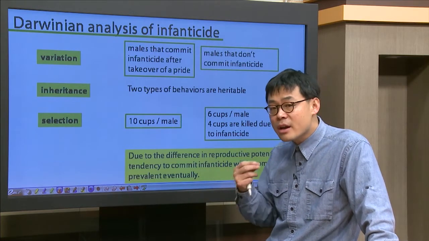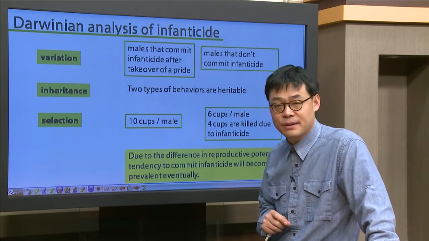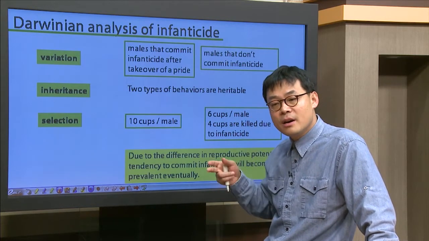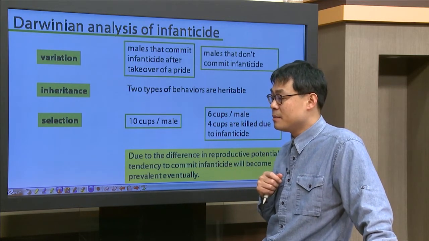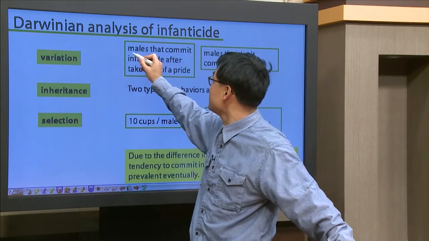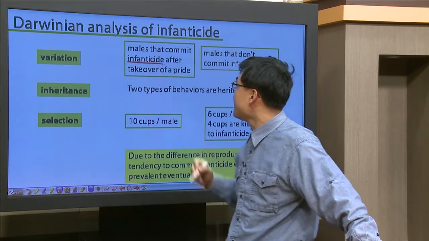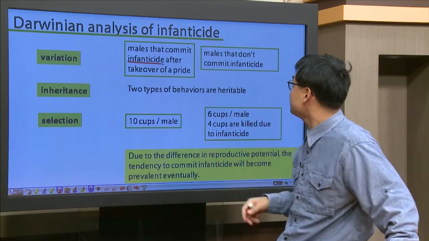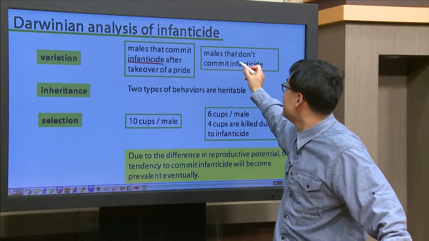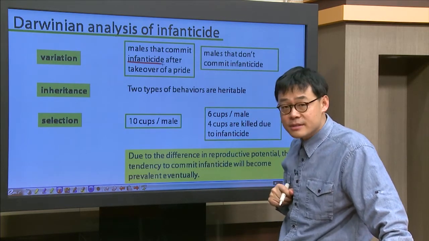Let's apply this concept to the strange behavior of infanticide. Let's assume there's some variation in this behavior among male lions, so that a group of males commit infanticide after takeover of a pride, and other males do not commit infanticide.